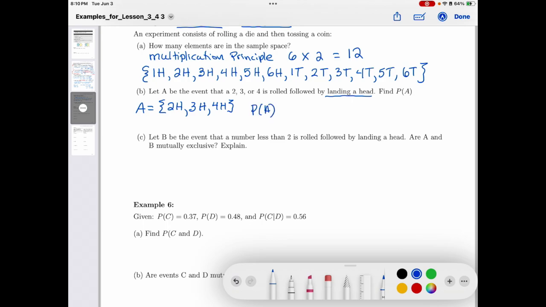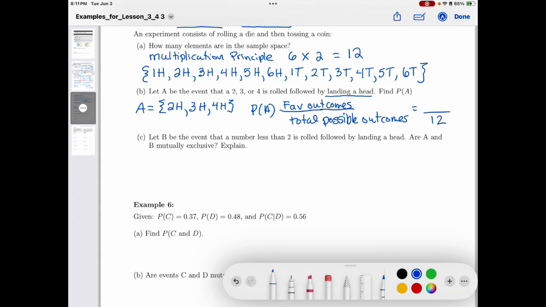So to find the probability that event A happens, we want to take, remember, the favorable outcomes divided by the total possible outcomes. Now, we just figured that by writing out the sample space up above.